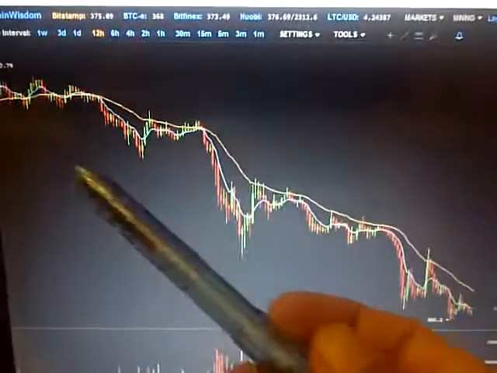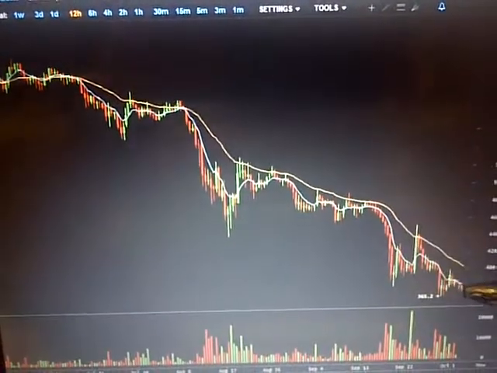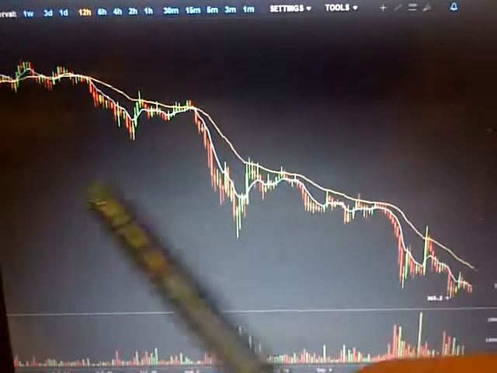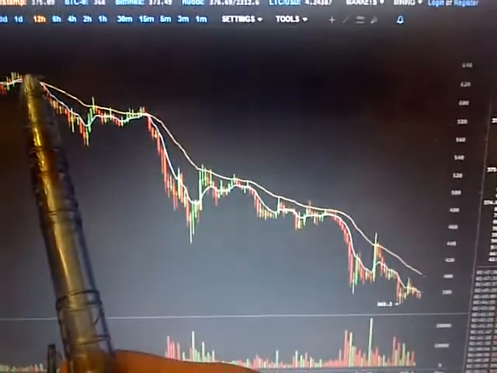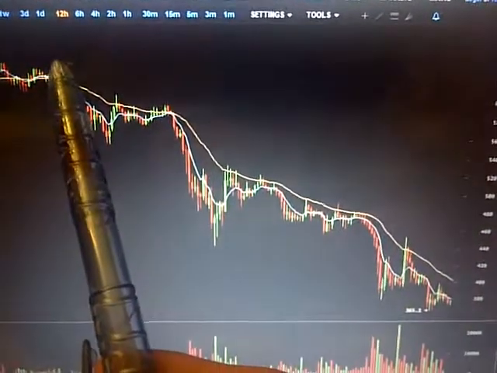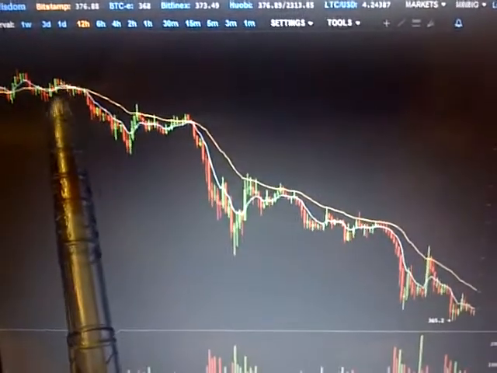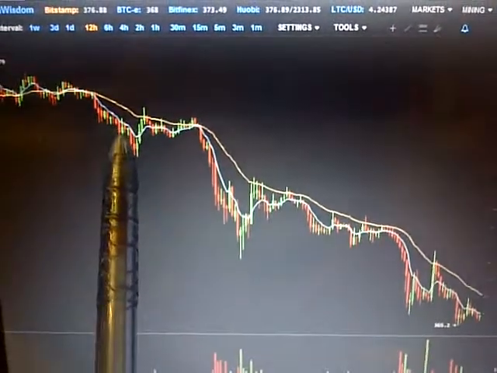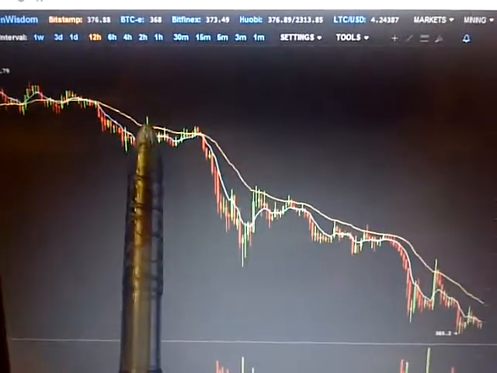If you look at this long trend, it's been going down, and it started going down here at this price level, which was about, let's say, 620. So from 620, ever since this drop right here, it's never been able to really recover.